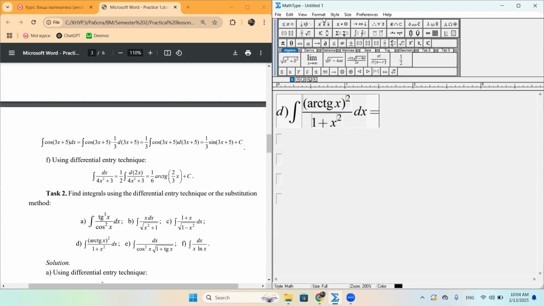What can we transform? Yes, Sophia? I guess arctangent. Are you sure? You mean the whole, yeah, arctangent of x, the differential of arctangent. Yeah, correct. So we can do it like this.